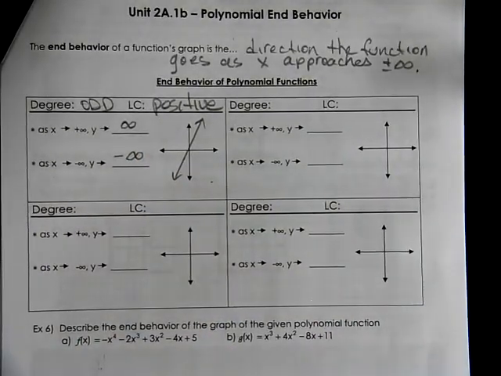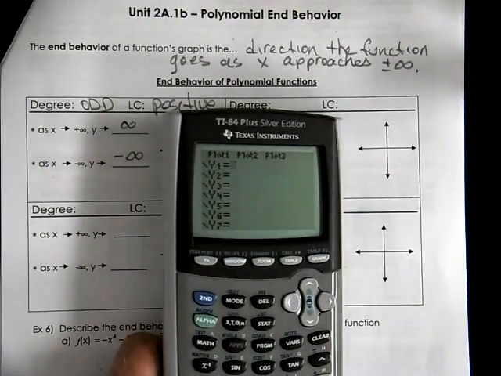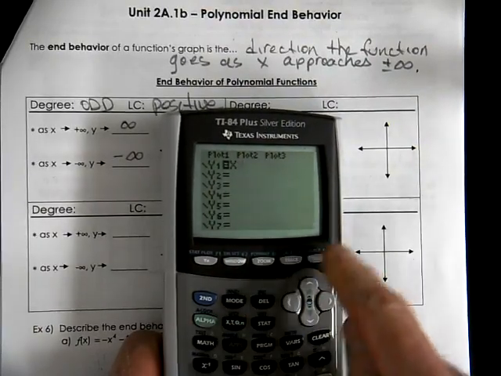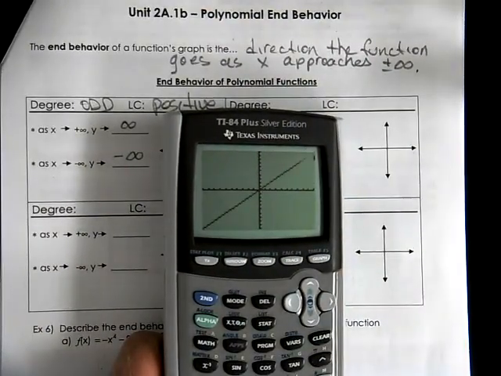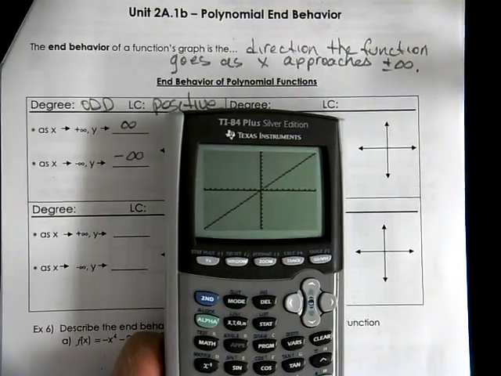Now this is going to be true for any odd degree. So if I put x into our calculator, you'll see to the right it goes up and to the left it goes down.